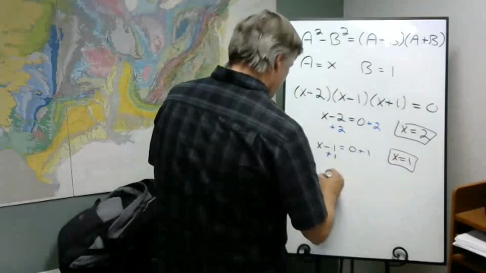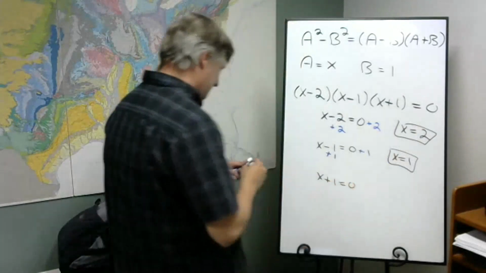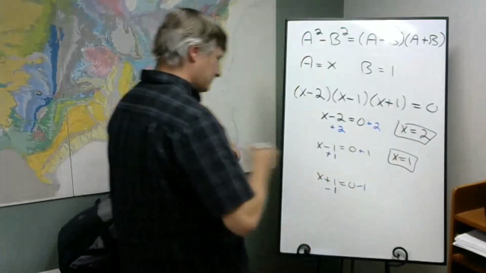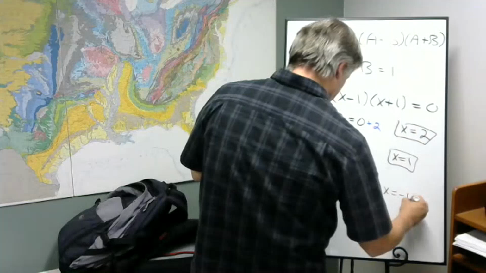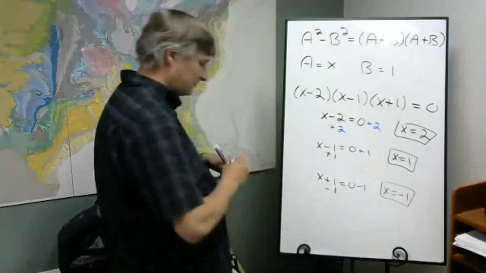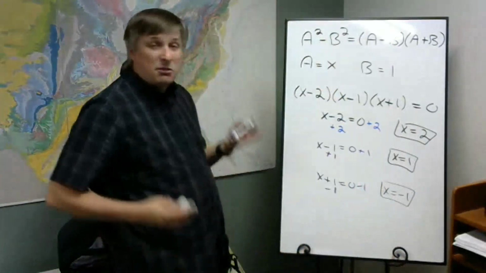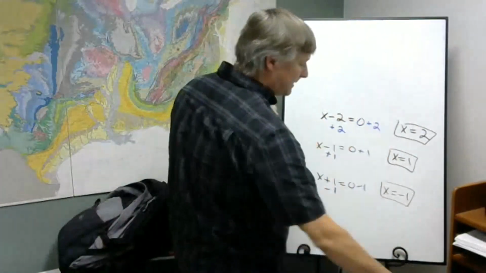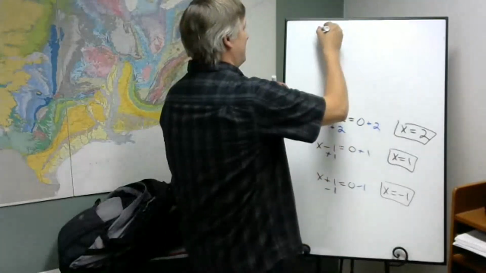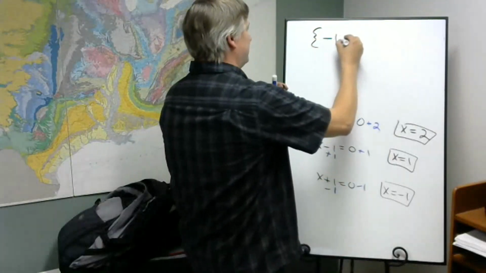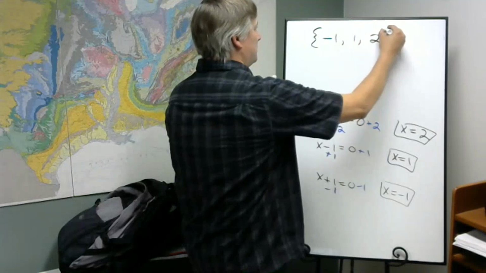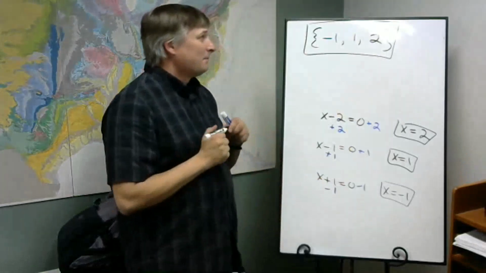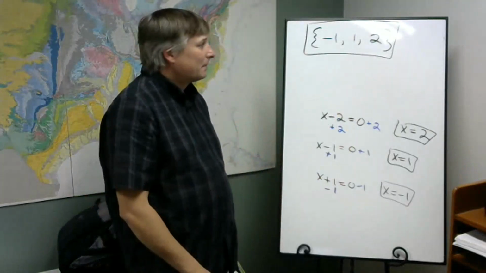And then finally for this one, so we get 3 answers for this one. So that means if we write these as a set, negative 1, 1, and 2. And that's going to be your answer.